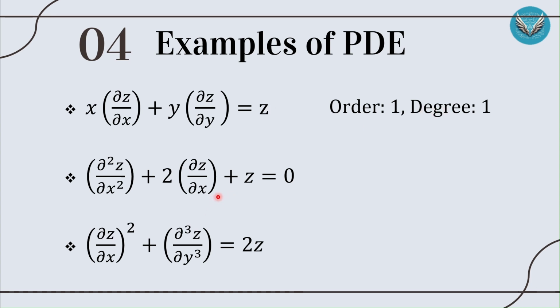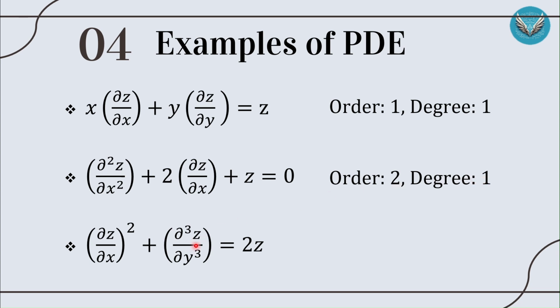Next, coming to the second example, order and degree are 2 and 1, because in this equation we have both first order derivative as well as second order derivative. The highest derivative is the second order derivative, so the order is taken to be 2, and the corresponding power to that derivative is 1, so we take degree as 1.